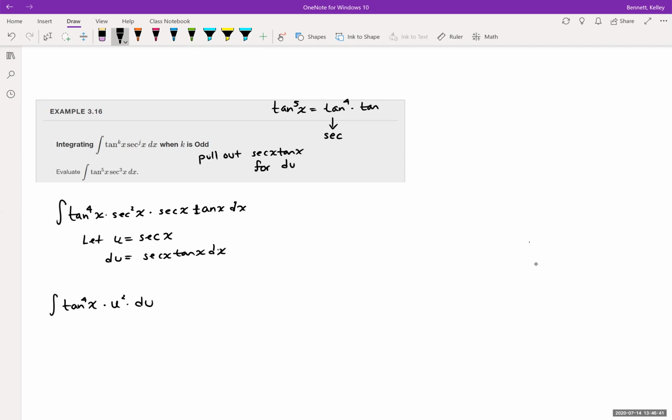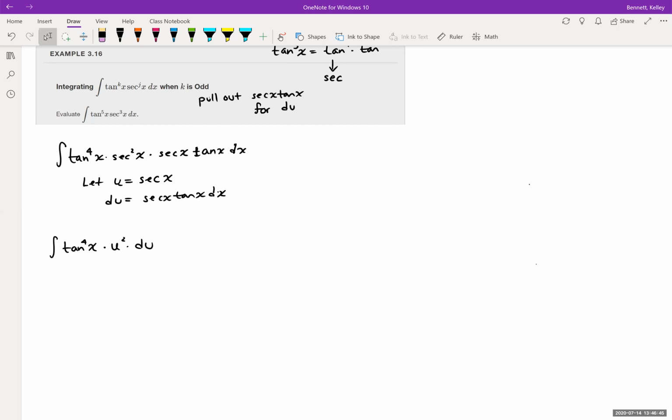So the way that we'll handle tangent to the 4th is the same way that we handled even powers of cosine. So this is tan squared squared. And we know that tangent squared, again, from the derivation of the sum of squares formula, we get secant squared x minus 1.